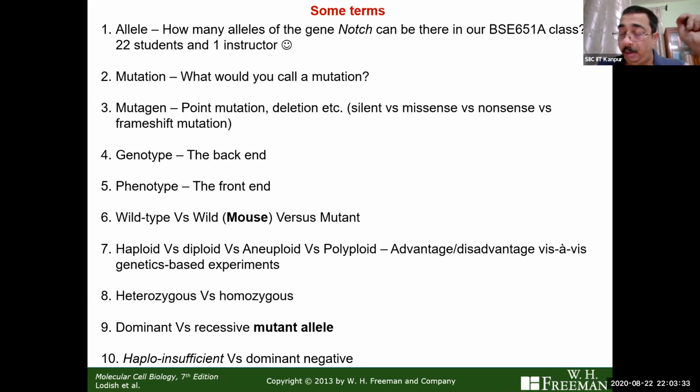And dominant negative is just another dominant phenotype. It will block the process even if a normal good copy of the gene is present in your cell. So I would request that all of you please go through all these definitions as working definitions, and do your Google search, etc., to make sure that you know what you are talking about.